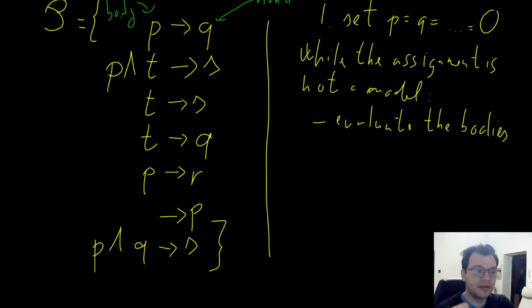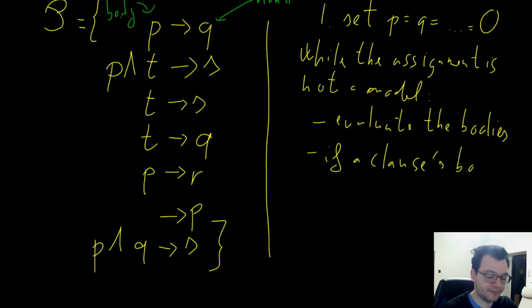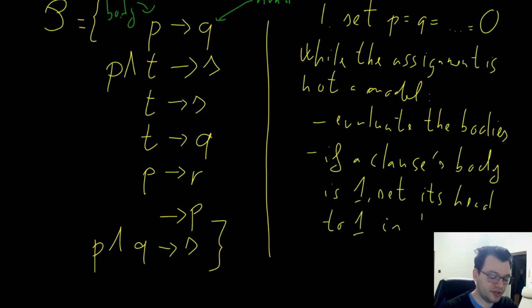And then if a body is set to 1, it means that the implication has a true left-hand side, and in order to satisfy the implication, you have to set the right-hand side, the head, to 1 as well. So if a clause's body is satisfied, set its head to 1 in the new assignment.